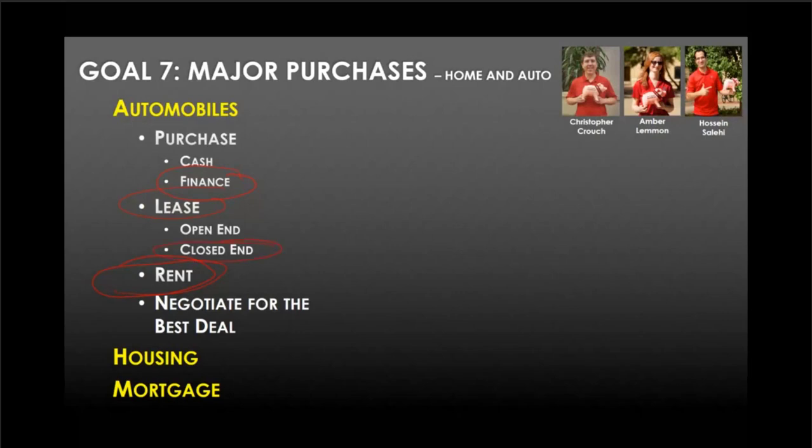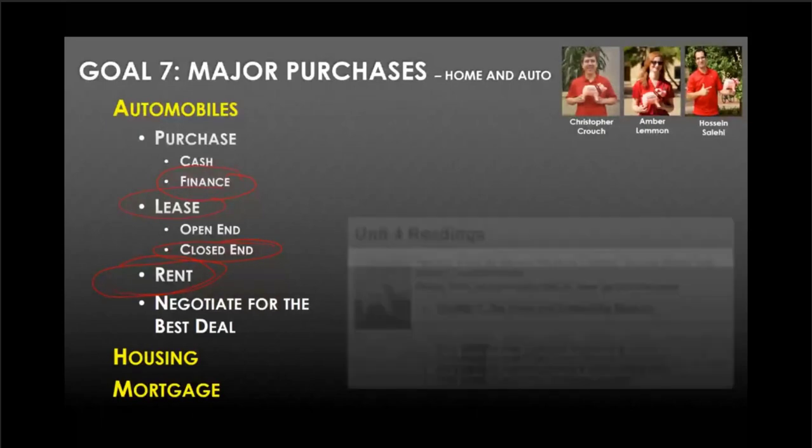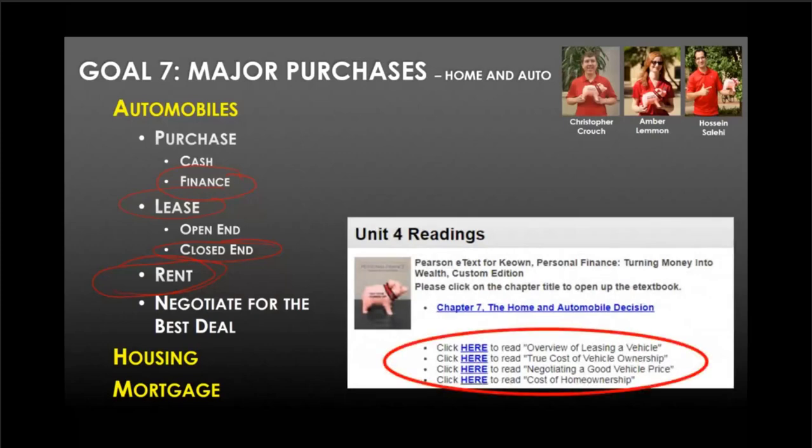So closed end is going to be the more common. What's the difference between closed and open? So if you don't know, you want to go back and read this document right here. There will be several questions on the exam, but there's not too many, but you may see a couple, and it's really good to know.